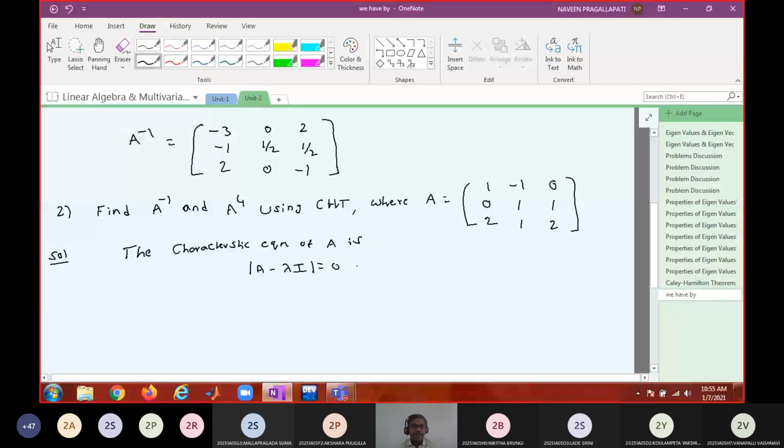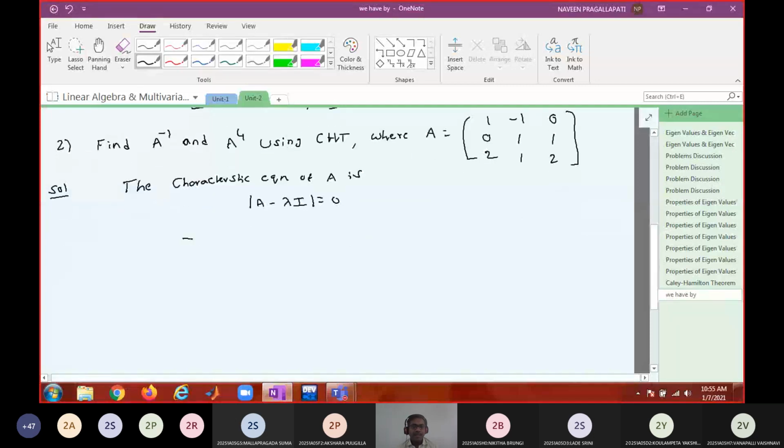That means determinant of 1 minus lambda, minus 1, 0; 0, 1 minus lambda, 1; 2, 1, 2 minus lambda equal to 0. Now simplify and tell me the characteristic equation.